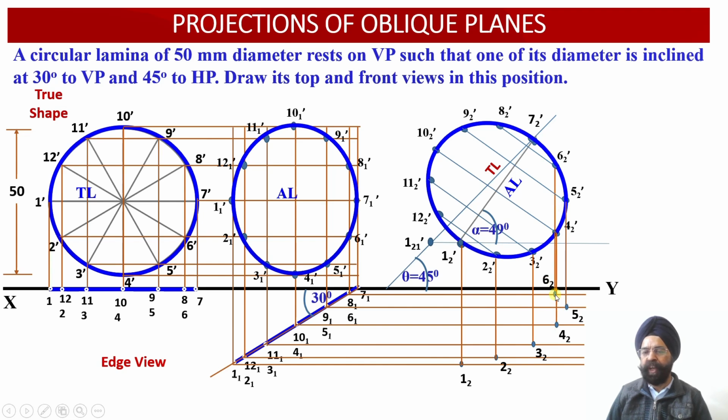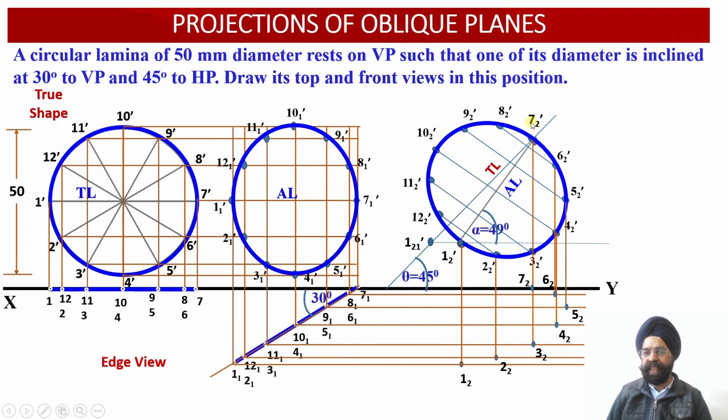Here we have got the location of point 6 2. Again, we have drawn the vertical projector from 6 2 dash and the horizontal projector from 6 1. This is point 6 1 over here, right? This is the horizontal projector of 6 1. So this intersection provides us with the point 6 2.